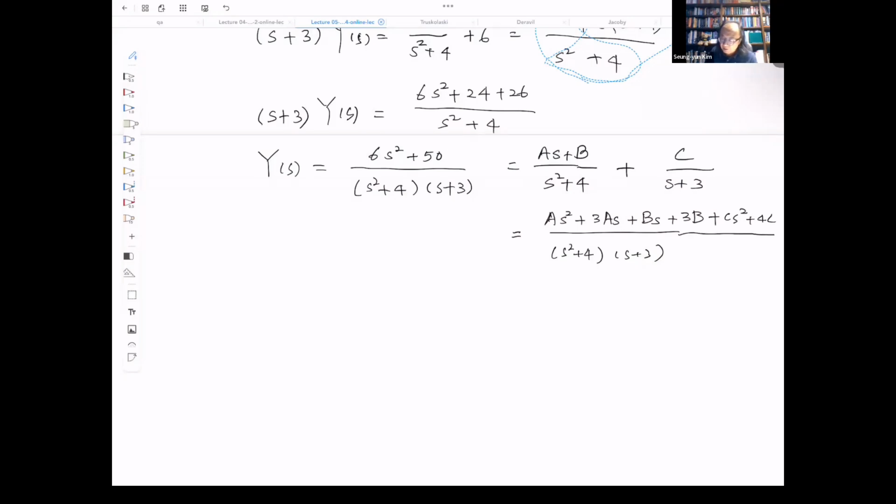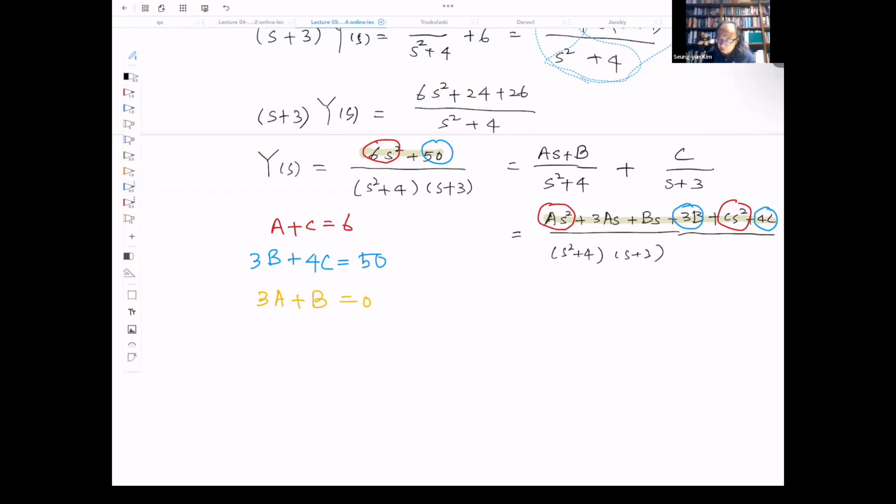Now we're going to compare this numerator with this numerator: square term with square term. So A plus C equals 6, and the constant term 3B plus 4C equals 50, and the s terms 3A plus B equals 0 because we don't have an s term.